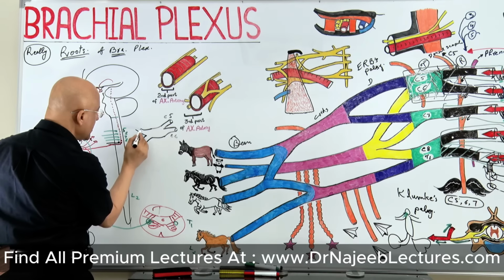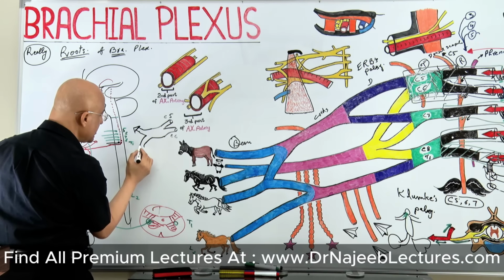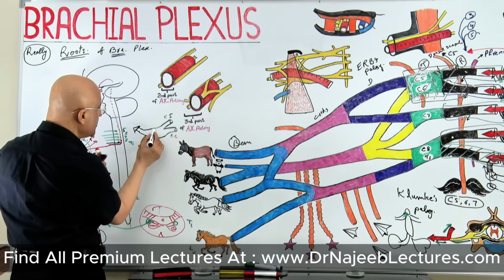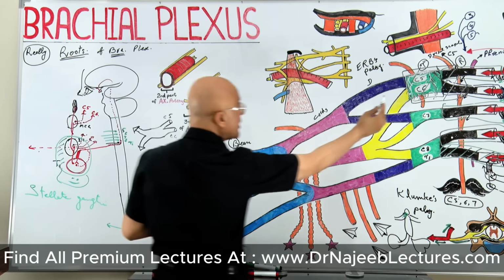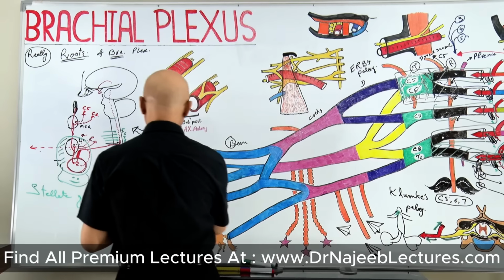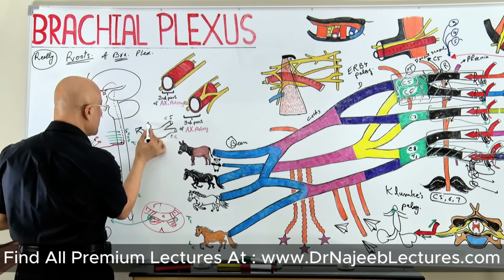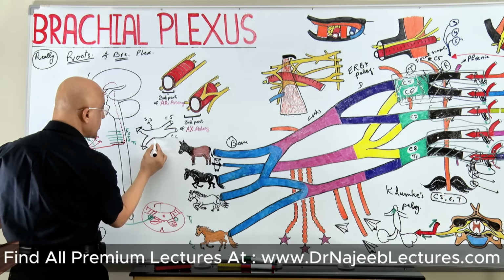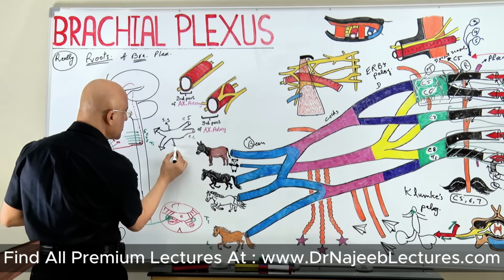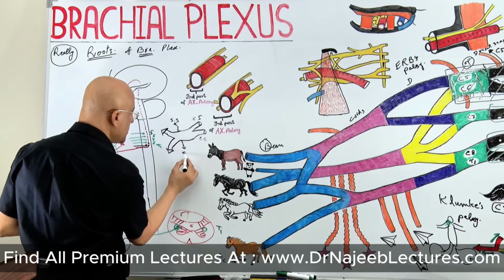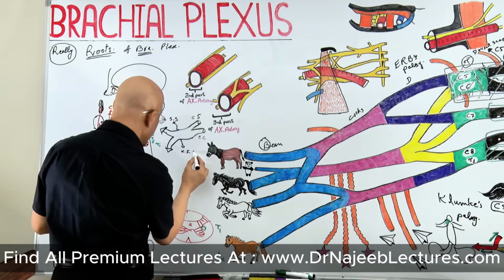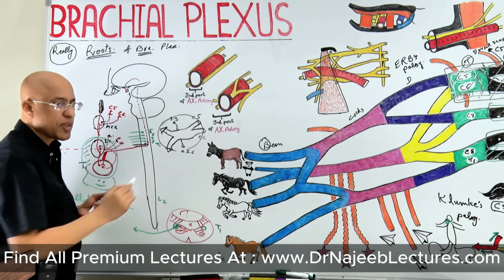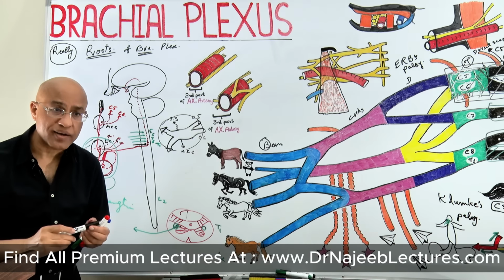This is anterior division and this is posterior division, right? And here was which nerve? There were two nerves going out of the upper trunk, right? Suprascapular nerve, and one was going down. What was that? Nerve to subclavius, right? Now, if there is injury to this region, we say there is injury to Erb's point.